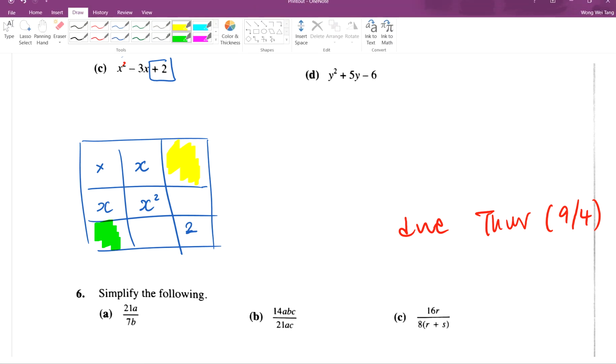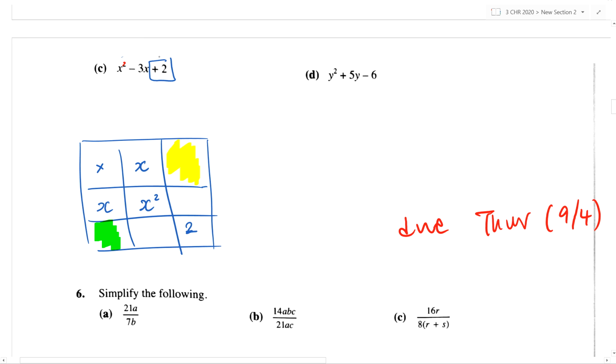I am going to fill in the yellow and green box with factors of 2. So 2 can be written as 1 times 2. Is there any other way that we can write it? There is. It is -1 times -2. So these are the options that we can put inside our blanks.